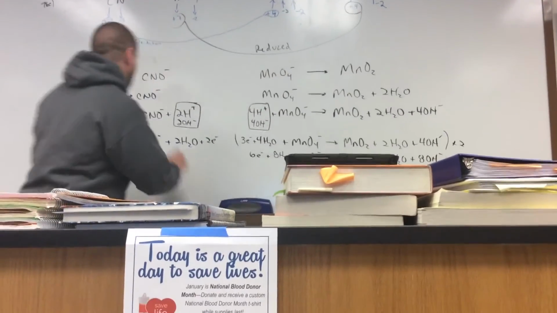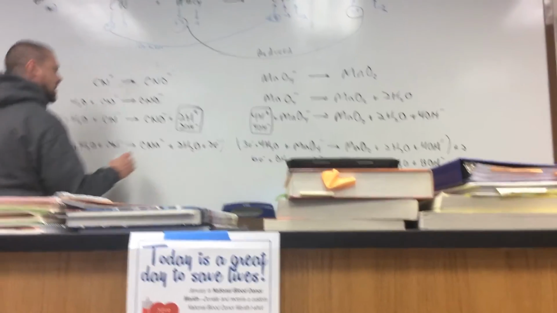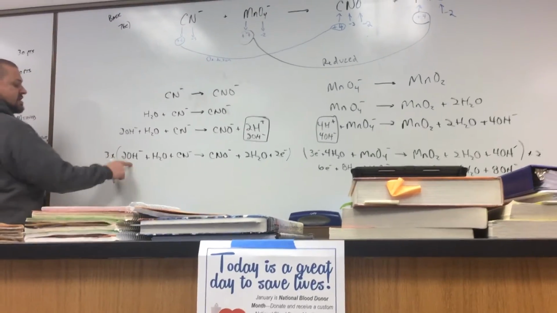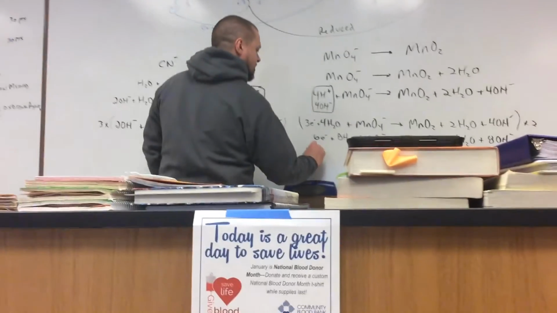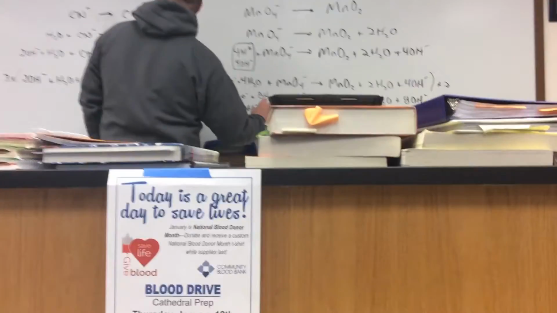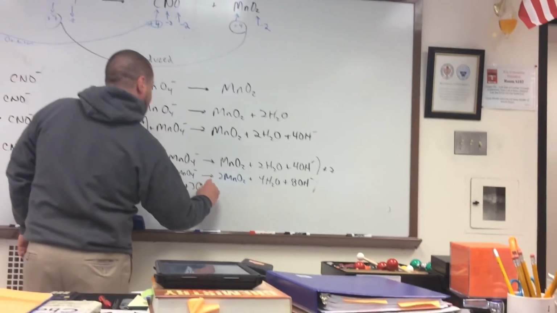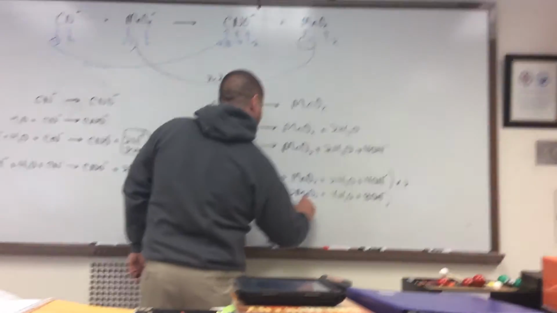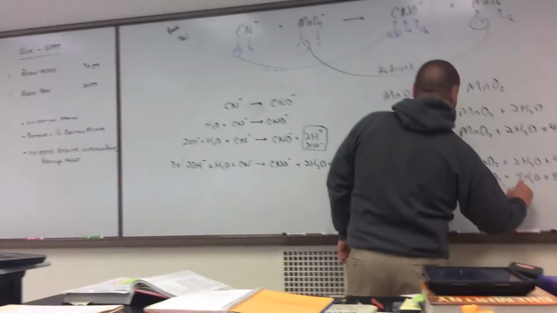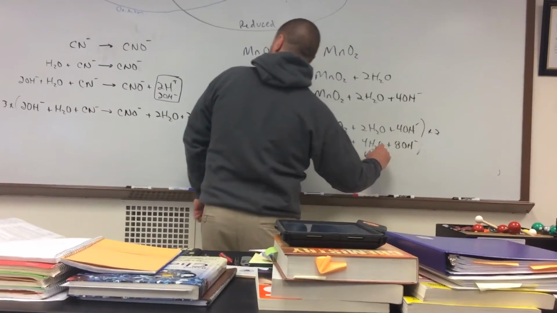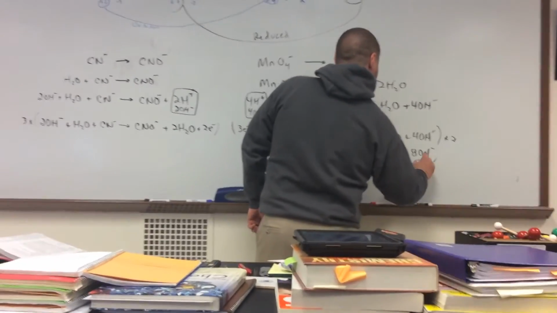Okay, and then I'm going to take this one, multiply everything by 3. So it's going to be 6 OH minus plus 3 H2O plus 3 CN minus. Listen up, guys. Plus 3 CNO minus plus 6 H2O plus 6 electrons.